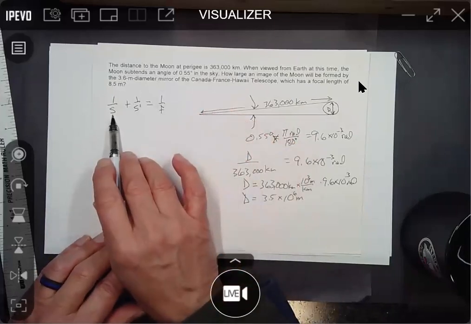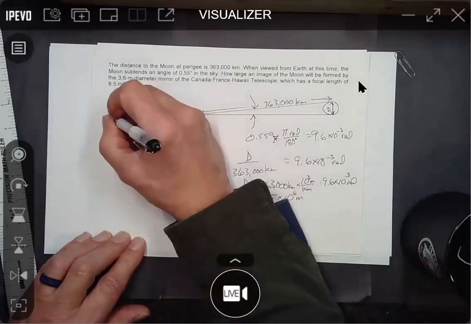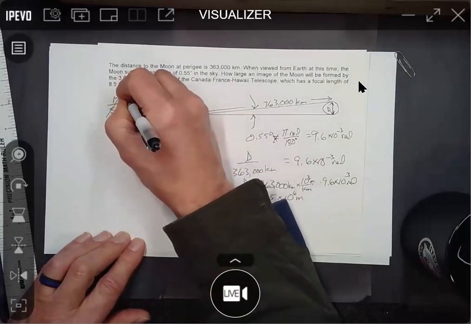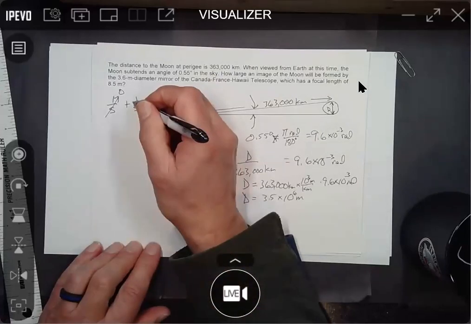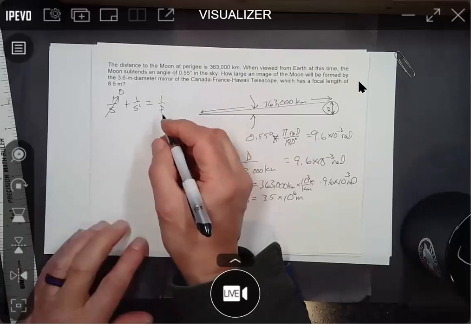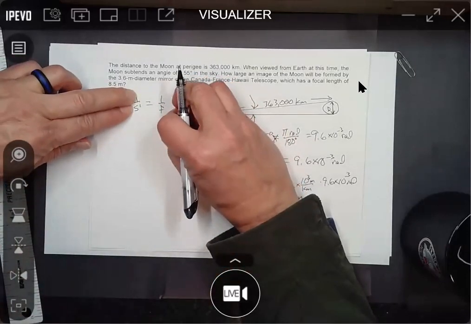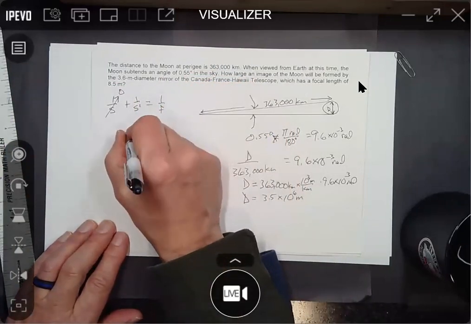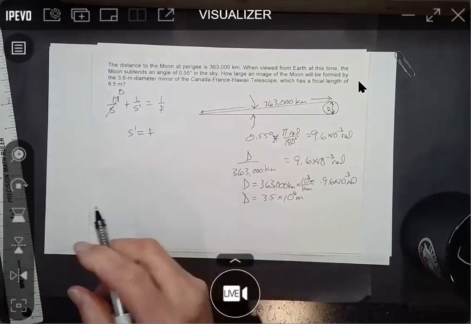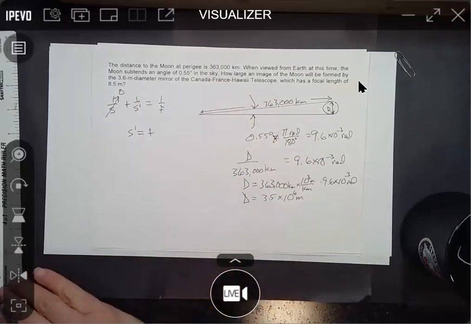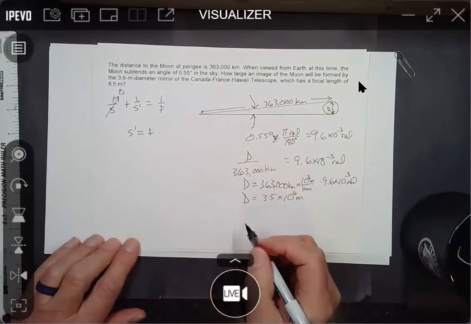That's going to go on the bottom of a fraction. That makes 1 over s about 0. And when you're using a telescope and looking at things that are far away, the image ends up forming at the focal point. So we'll have left a simple fraction equals a simple fraction. Flip them both and you get s prime is equal to f. The image forms at the focal length, or the focal length away from the mirror. Well, that's not too bad.